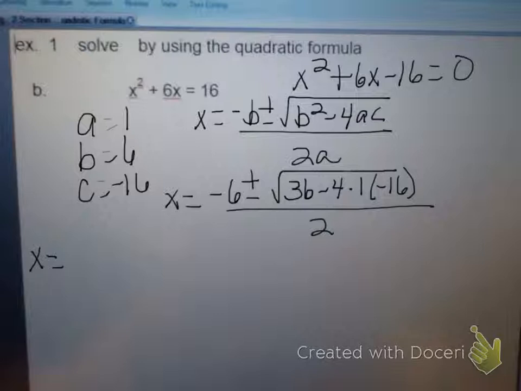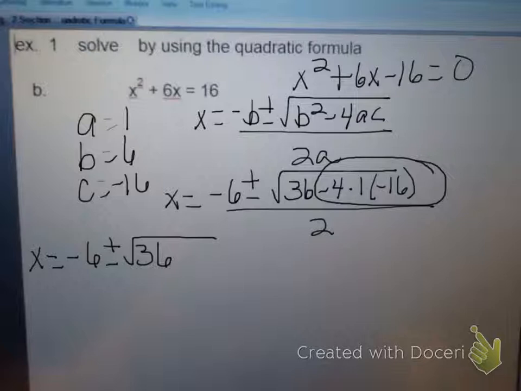Now copy the x equals negative 6 plus or minus, copy down your b squared, which is 36. Stop and go back right here and circle this so that it'll keep your eyes on the negative. Negative times negative is a positive, and 4 times 16 is 64.